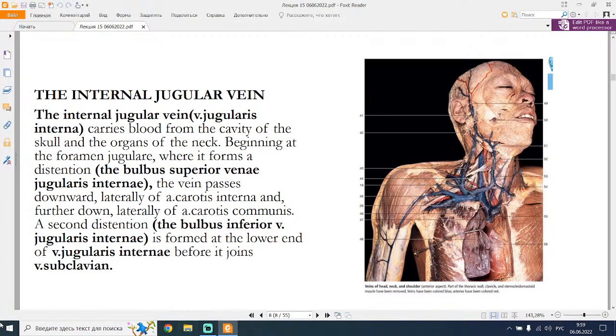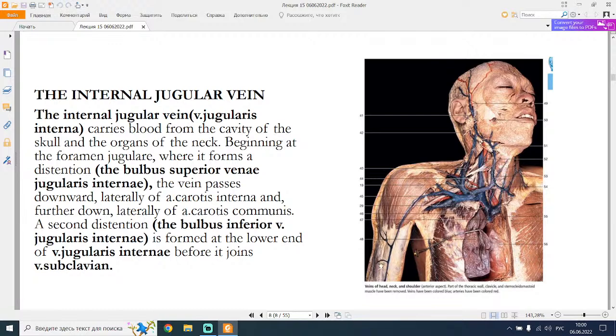The internal jugular vein. What you see is the vena jugularis, vena subclavia, vena brachiocephalica right. This is the vena cava superior. This is the right venous angle.